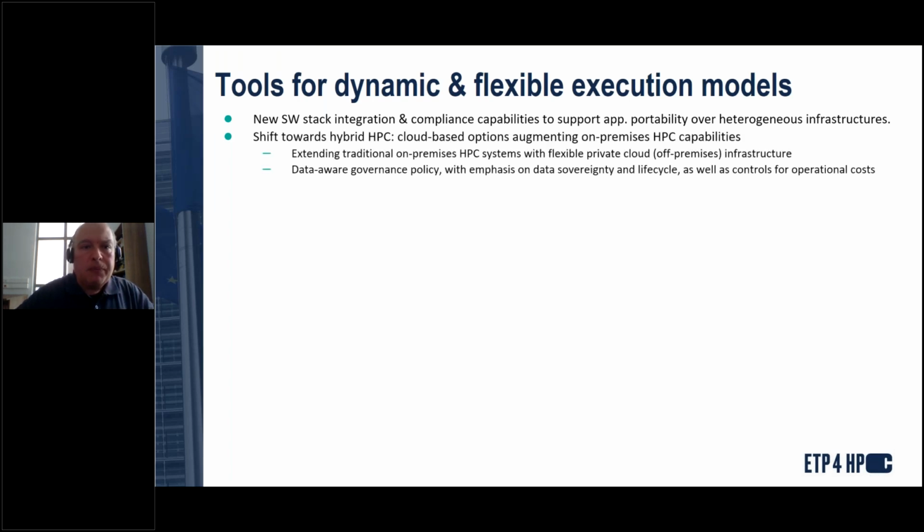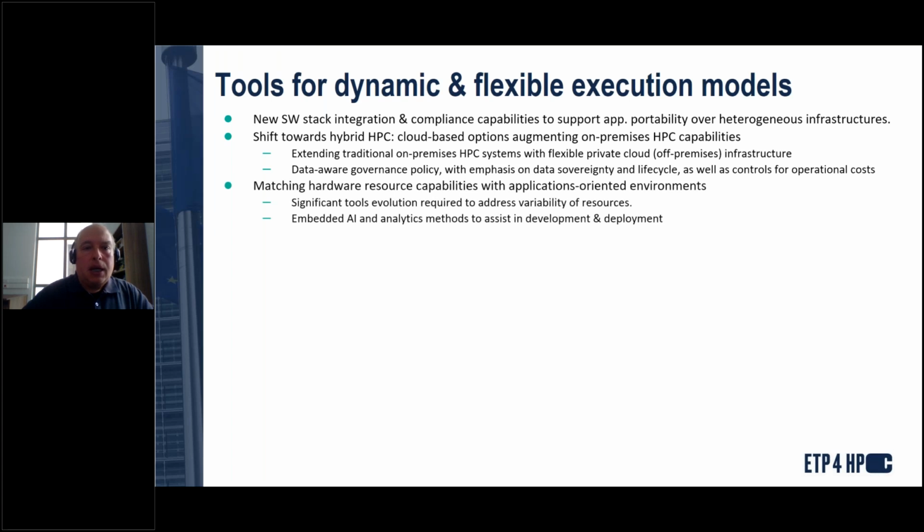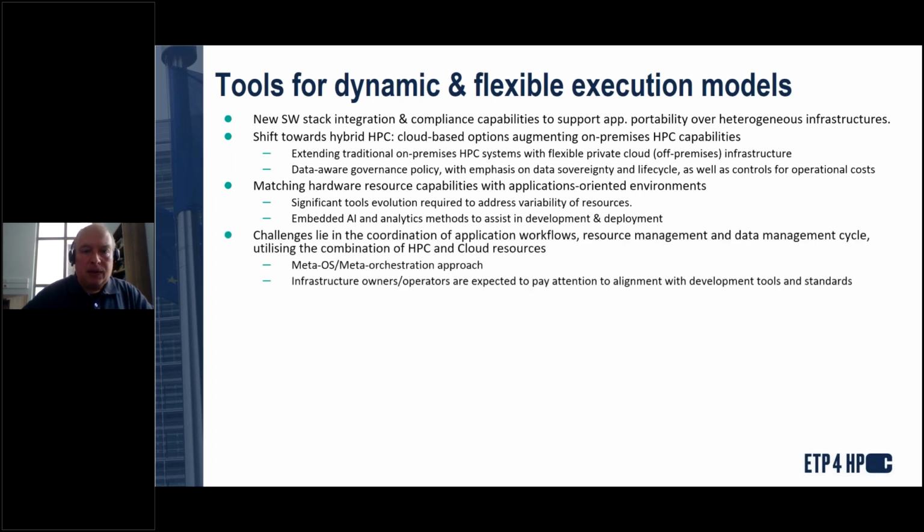Regarding tools, I would highlight the shift towards hybrid HPC. So on-premises HPC augmented with cloud-based options. This again pushes our concerns about data-aware governance, where to place what parts, etc., and matching hardware resource capabilities with what the particular application-oriented environments have in mind.